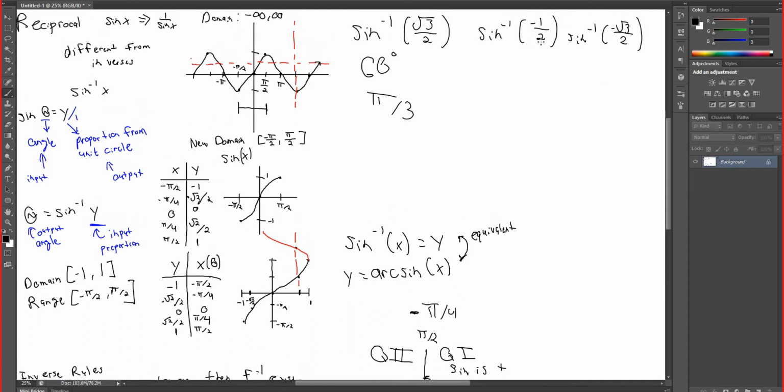So what angle in quadrant 4 gives you negative a half for y? 11 pi over 6. Yep, 11 pi over 6. And then negative root 3 over 2 would be 5 pi over 3. Yeah, because that's one short of 6 pi over 3, which would be 2 pi. Good.